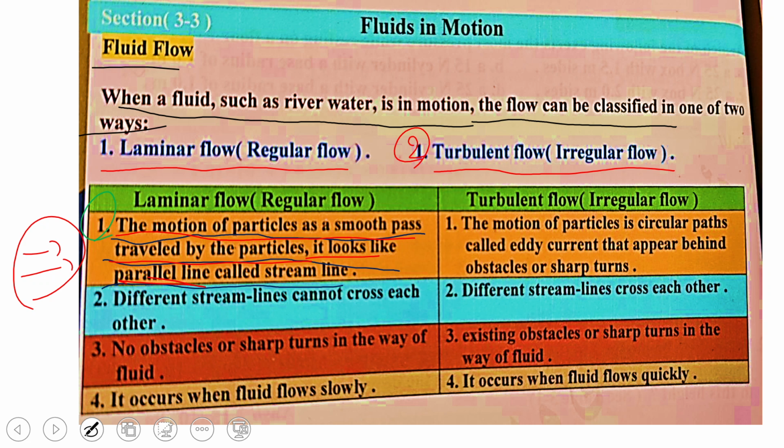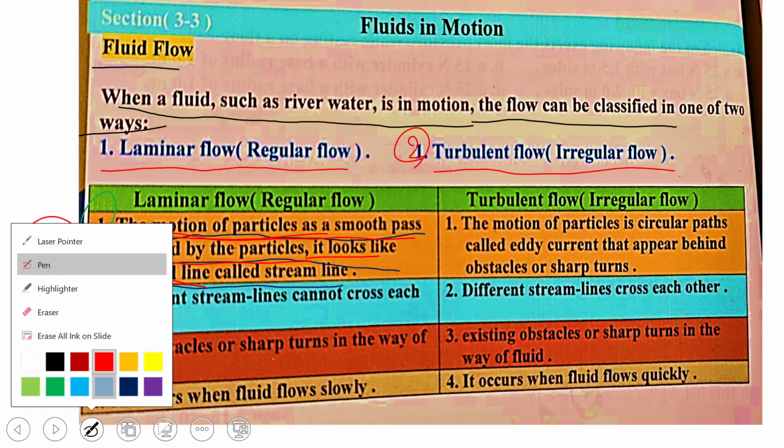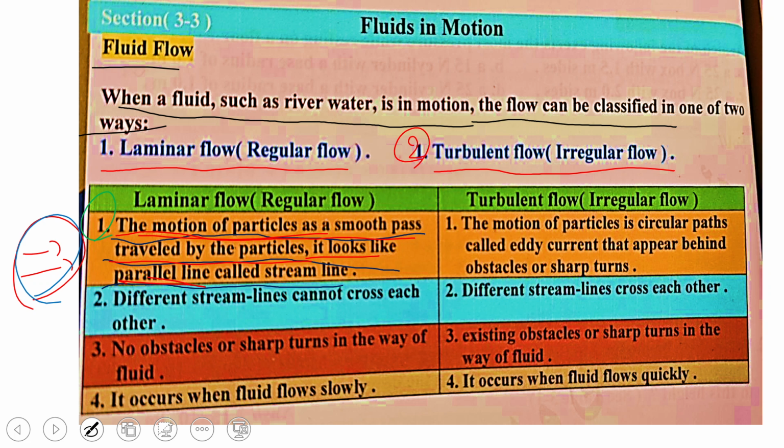So in laminar flow, or regular flow, the direction of the motion of the moving particle is smooth, and it looks like parallel lines because the two lines never intersect. And each line has a new name: each one of them is called a streamline.